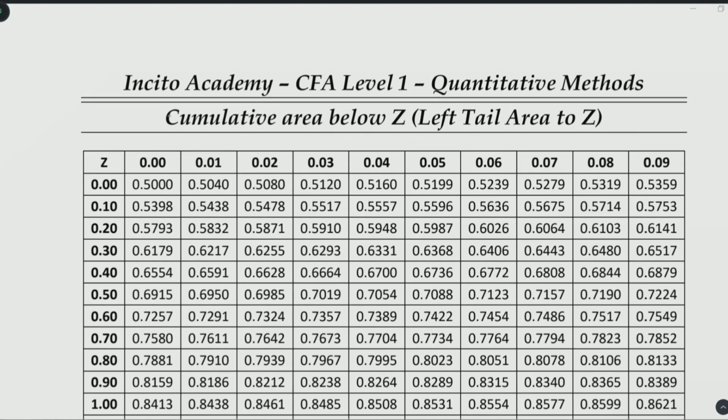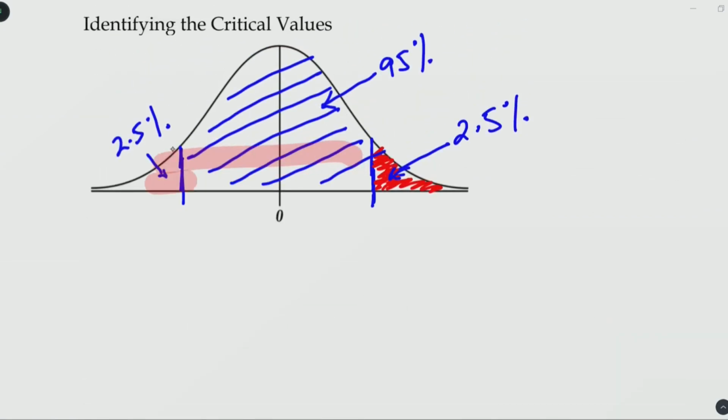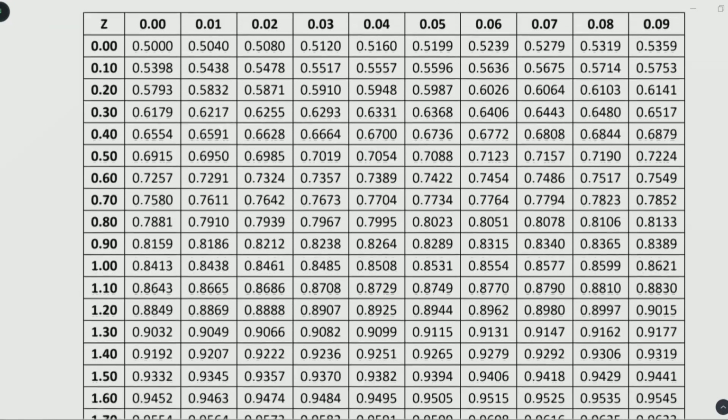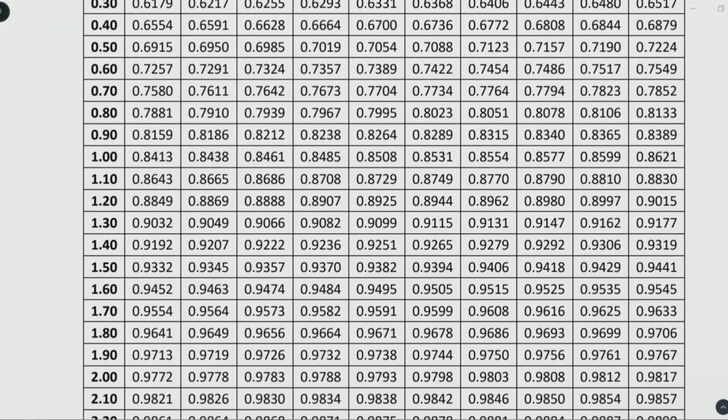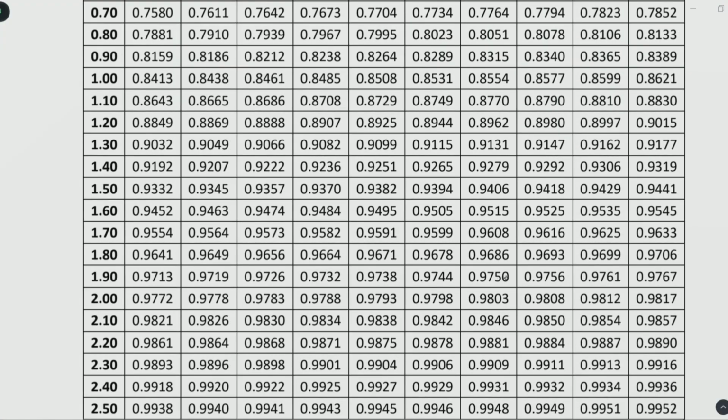So we have a Z table which indicates the cumulative area below Z, that is the left tail area to Z. Left tail area, it is this side area. So we are looking for 95 plus 2.5, that is 97.5% probability. If you hunt for 97.5% probability, you will find that this is the cell that indicates 0.975.